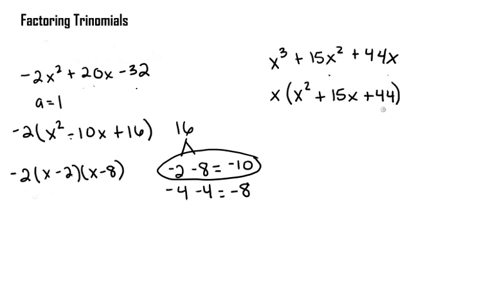So we ask ourselves, what multiplies to be 44 and adds to be 15? 1 and 44 is not going to work, and neither is 2 and 22. But 4 and 11 do add to be 15, and so we know that those are our factors. So we write x times x plus 4 times x plus 11.